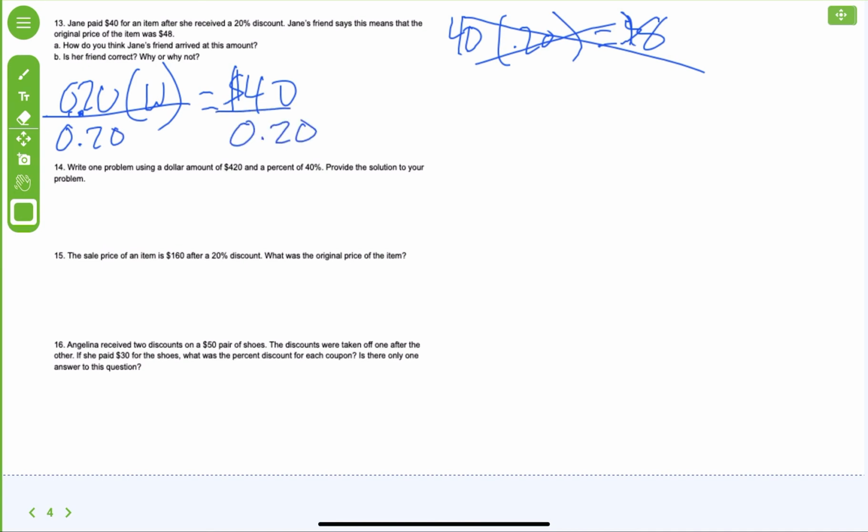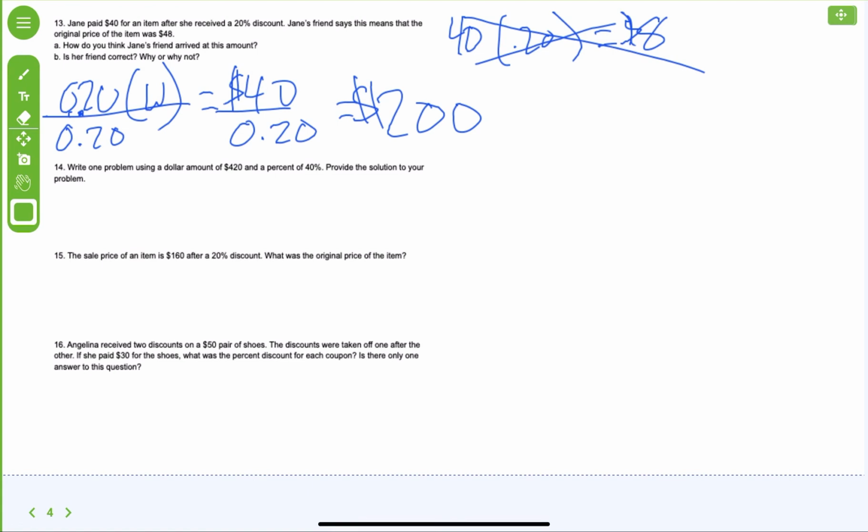So that's the same thing as saying 40 divided by 1/5, right? Because 20% means 1/5, which would be how much? This is where we've got to be careful. That's $200.